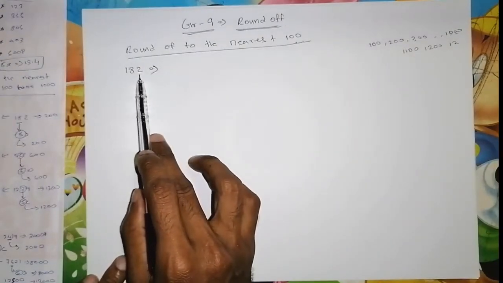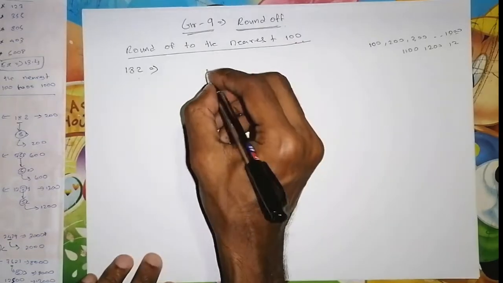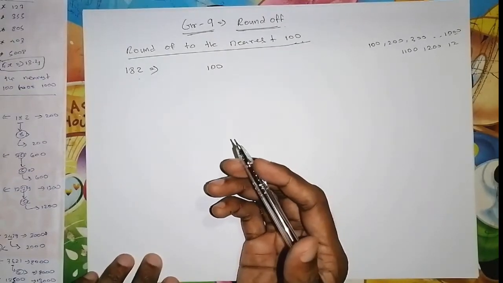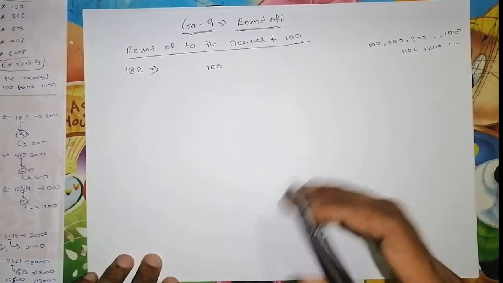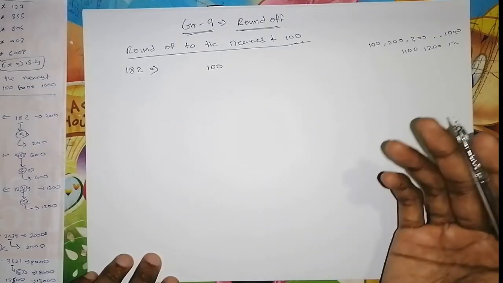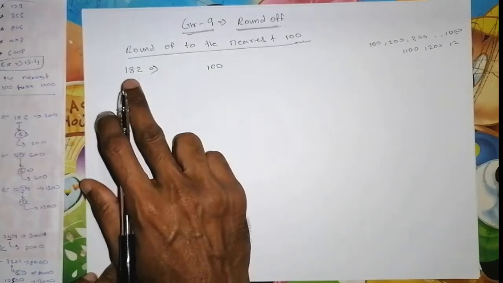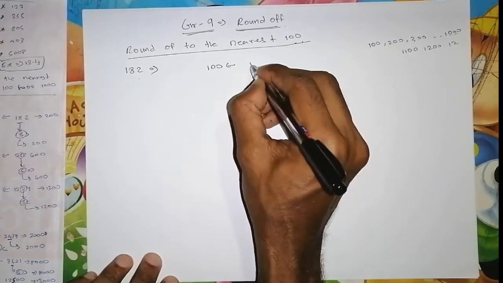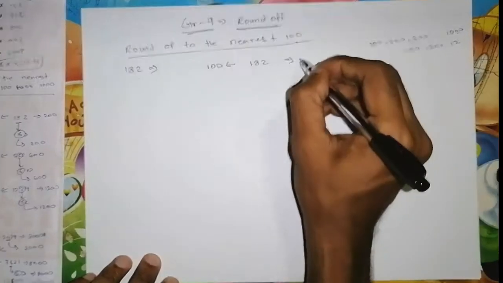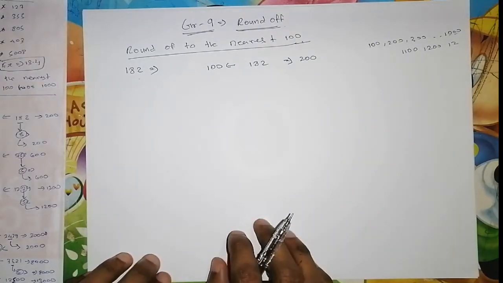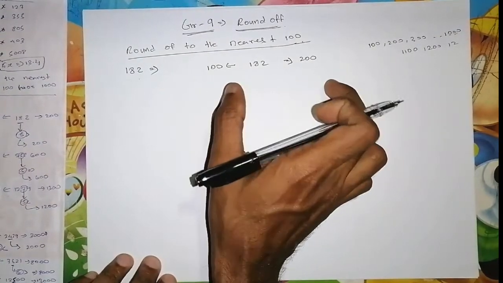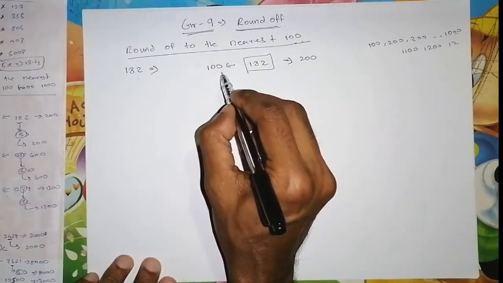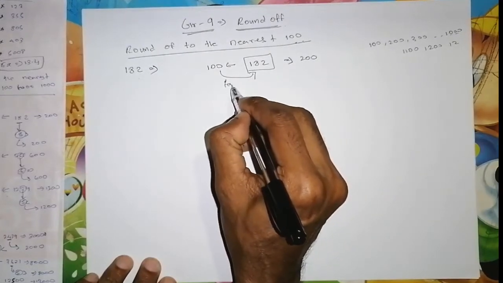So 182, we all know the one before is 100. If you want to round it off, you should find the nearest value. In the previous session we found the nearest 10. Now we have to find the nearest 100. So 182 is in between 100 and 200. The before value is 100, the after one is 200. So 182 is far from 100.